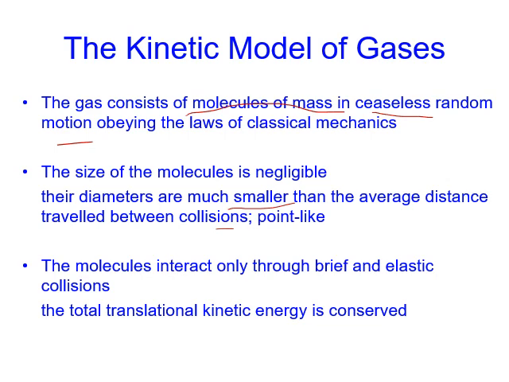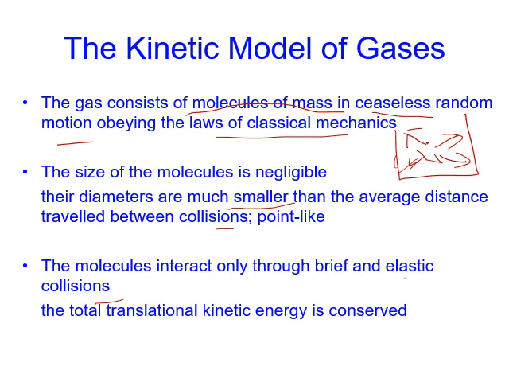In other words, the gas molecules are considered dots moving randomly in all directions, colliding with the wall and with each other, but obeying the laws of classical mechanics. The molecules interact only through brief and elastic collisions. That means whenever they collide, the energy is conserved.